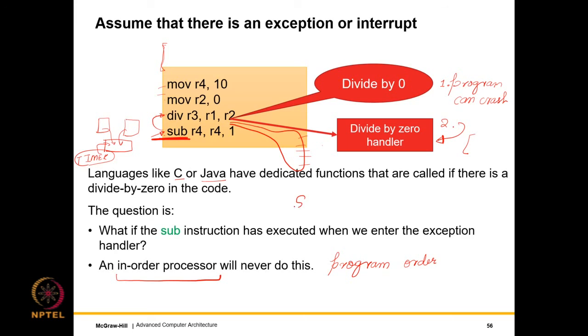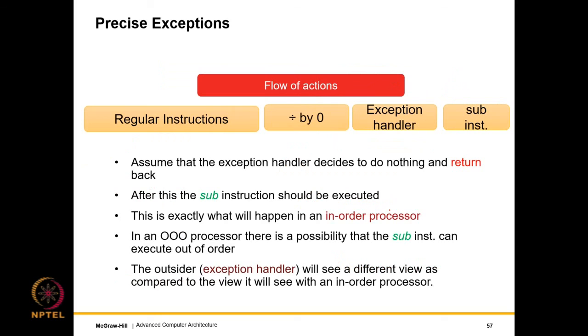So what we want is the power to arbitrarily stop the program at points and then resume the execution. What is important for us is this stop and resume behavior, and this appears to be very hard in out-of-order execution.